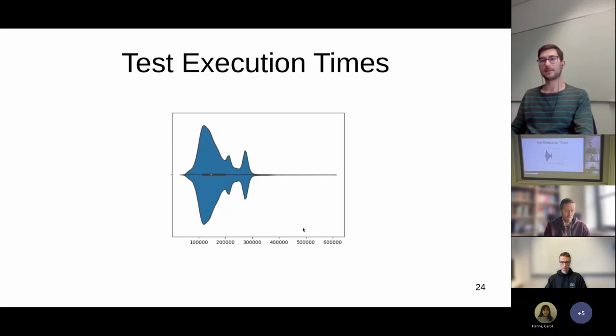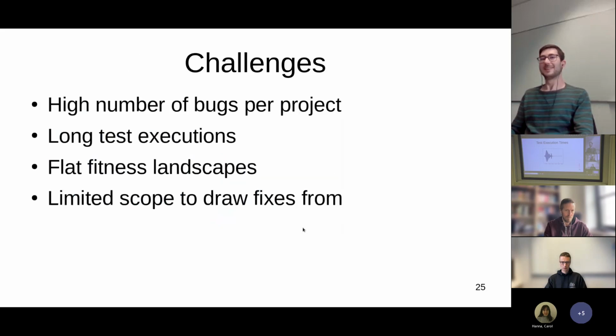Yep, I'm almost finished. So one of the challenges I just mentioned is the high number of bugs per project. Usually you have 1 bug or 2 bugs to fix, and here it can be 14 bugs. But at the same time, our test executions take a very long time, and our test suites really aren't that big.